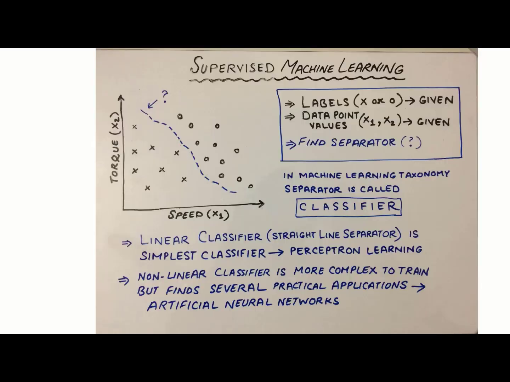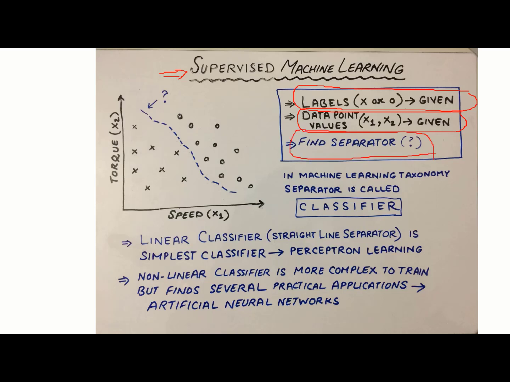So this example leads us to the paradigm of supervised machine learning, the most widely studied form of machine learning, where you're given the data points, meaning the values, but you're also given the labels, and you need to find the separator.